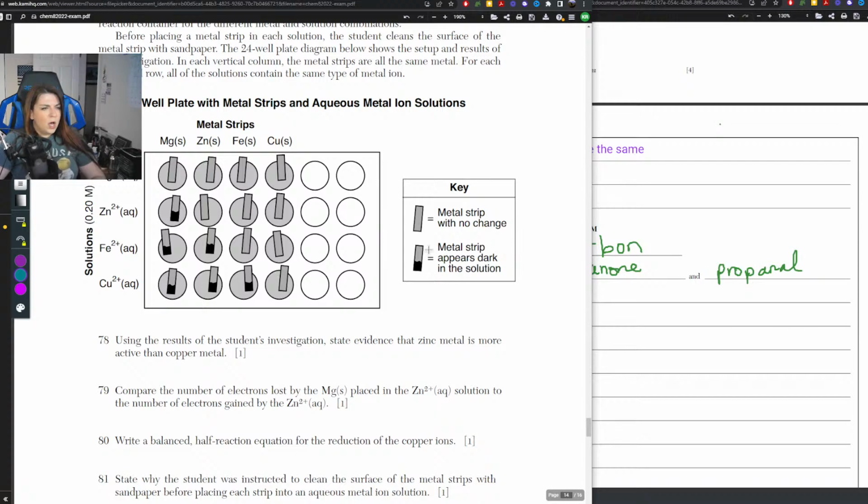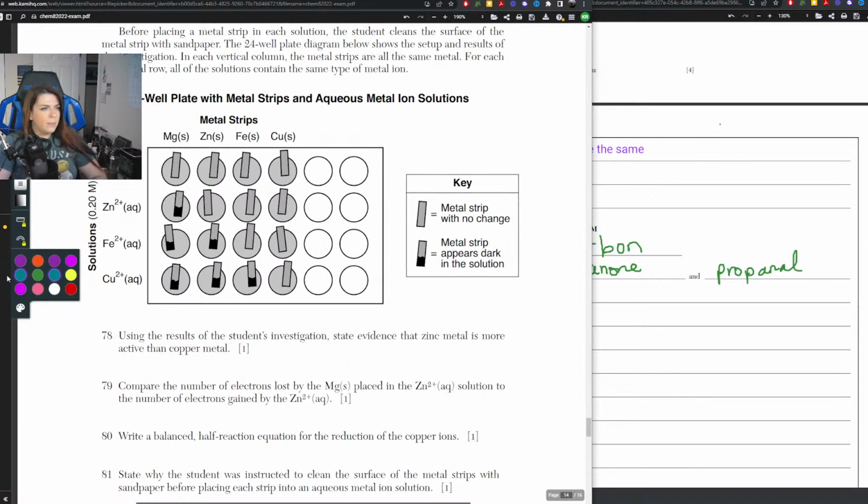So in this case, we are being asked to look at zinc compared to copper. Zinc is this, and copper is this. Copper has no change in any of its setups, but zinc has a change. It reacts in 2 of these situations, right?